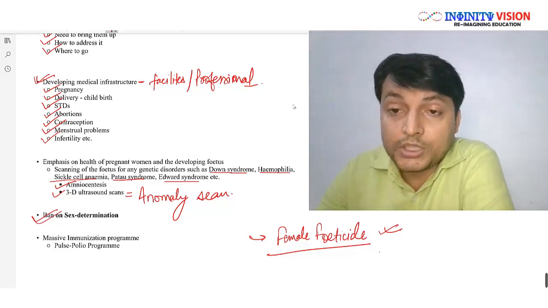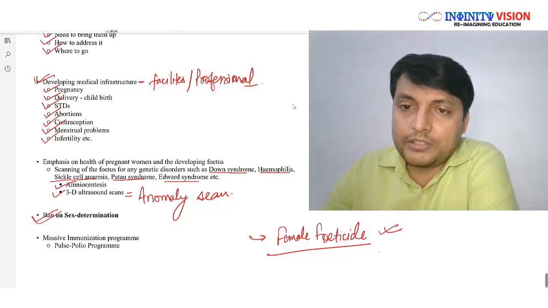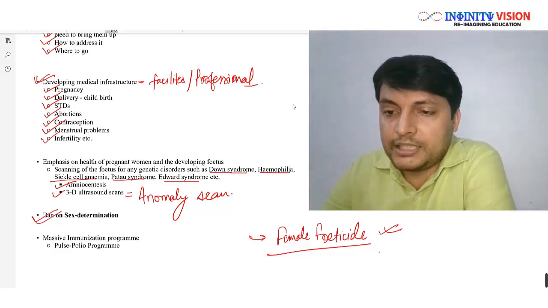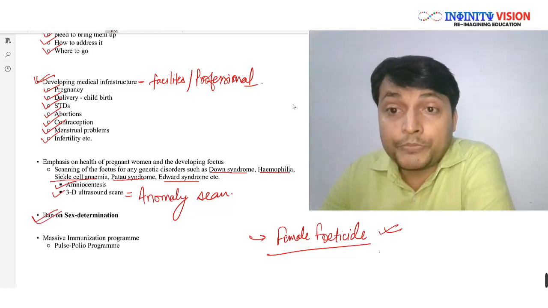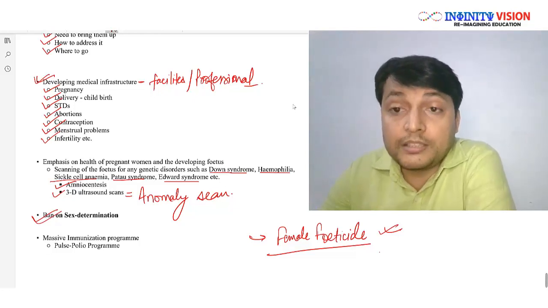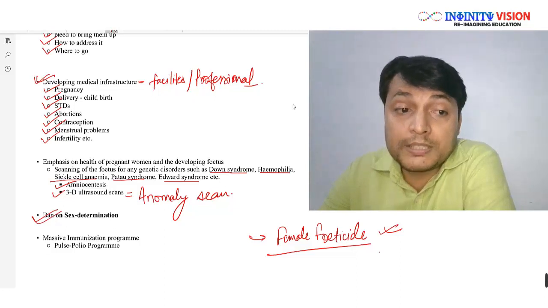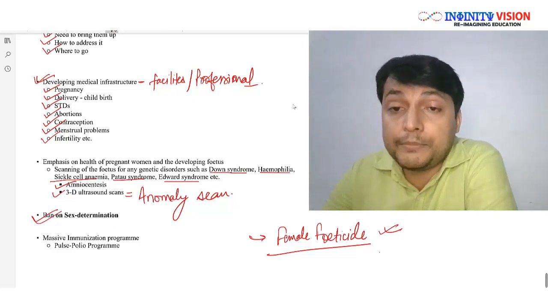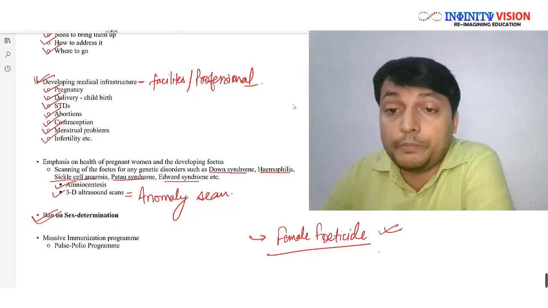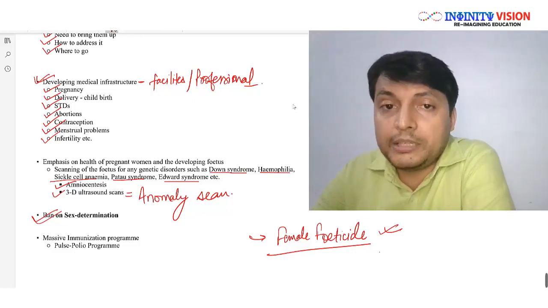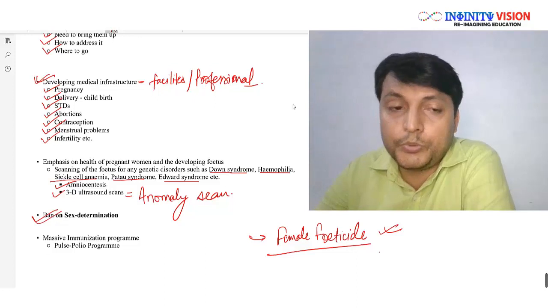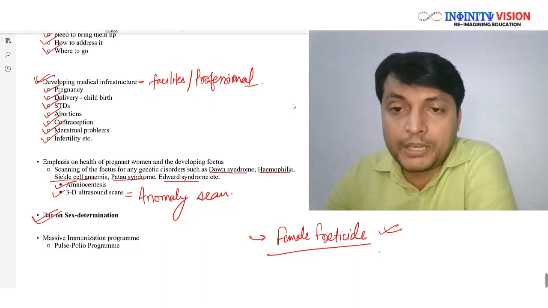Again, if the gender of the fetus can be determined, it can lead to female feticide. In order to put an end to this process, the government has put a ban on sex determination not only by amniocentesis or ultrasound, but by any other medical technique. So no medical technique in India can be used to determine the sex of the developing fetus.